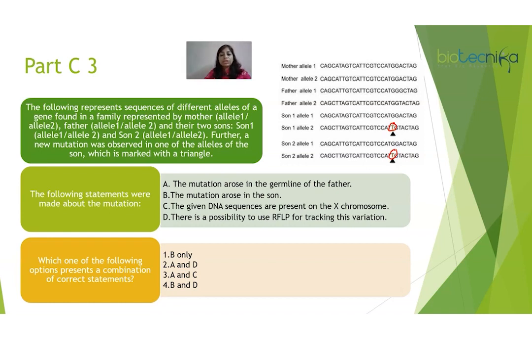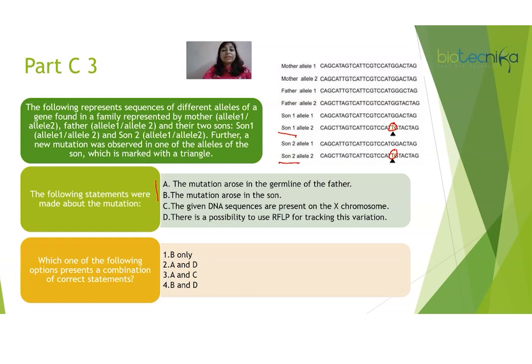The mutation arose in the germline of father. The mutation arose in the son. The given DNA sequences are present on the X chromosome. There is possibility to use RFLP for tracking this variation. So let's check A and B, whether it arose in the son or whether it arose in the father. Now see, son 1 allele 2 has the same mutation just like son 2's allele 2.